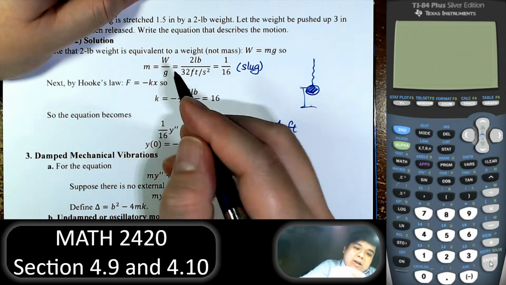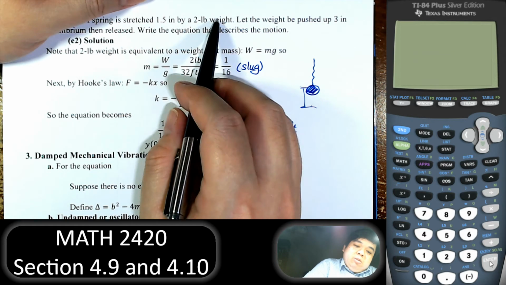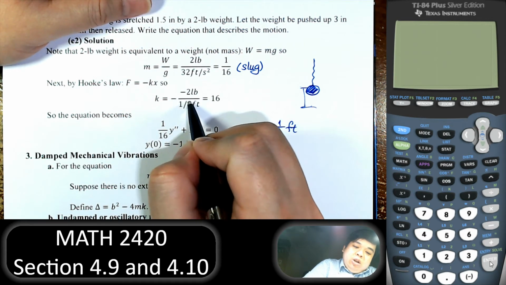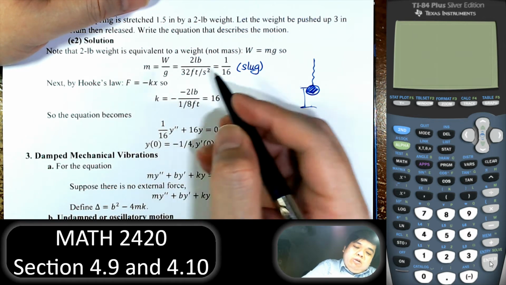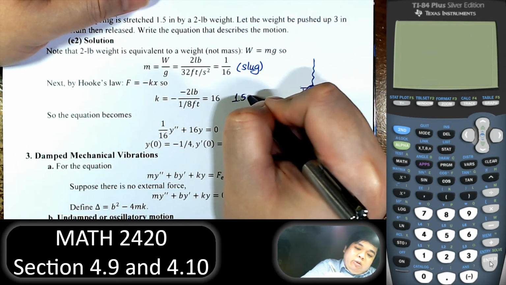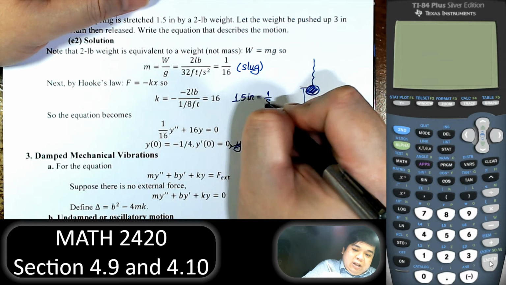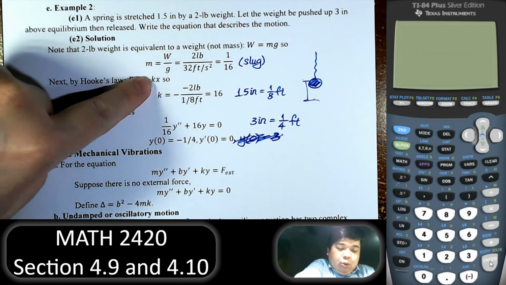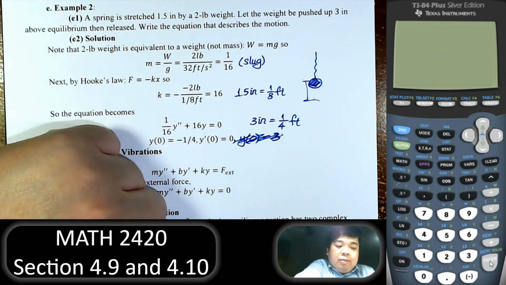And it is stretched 1.5 inches by the 2 pound weight. So the 2 pound weight stretches it 1.5 inches, and 1.5 inches is equal to 1/8 foot. So the unit will be in terms of feet. We put that in for x, and we have that.